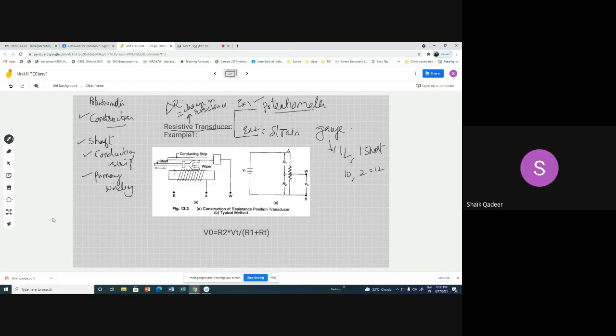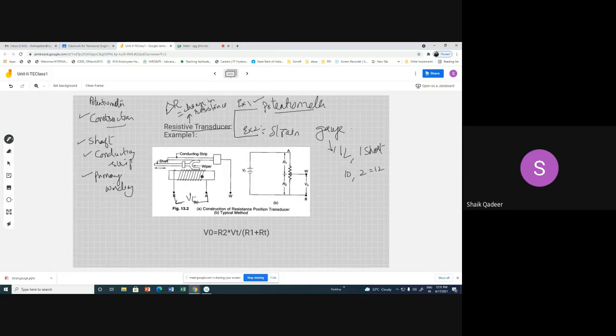Primary winding, right? So here the DC supply VT is applied across the points A and B.